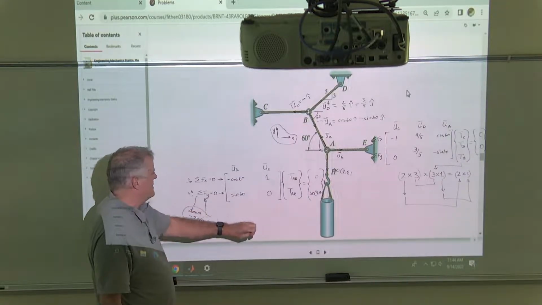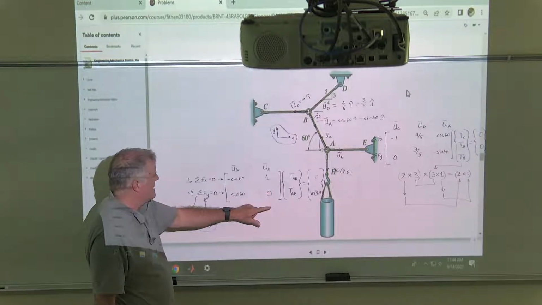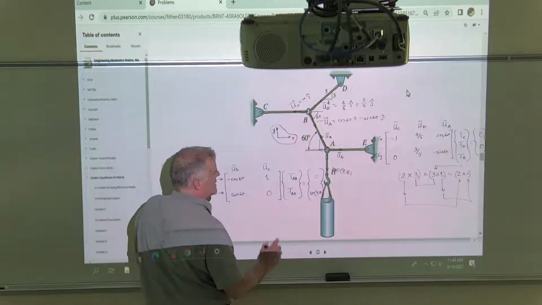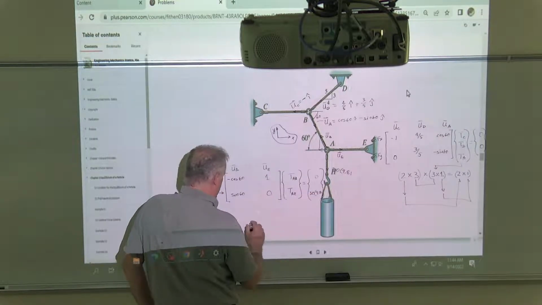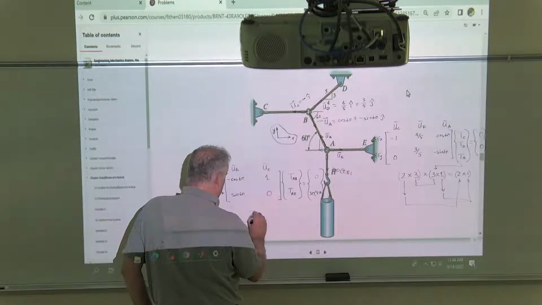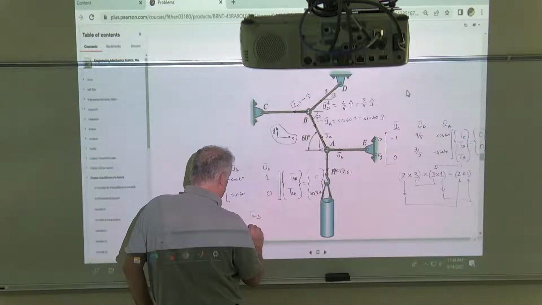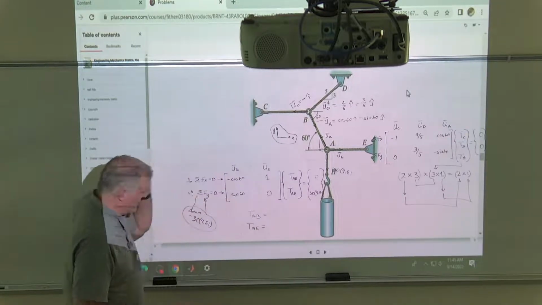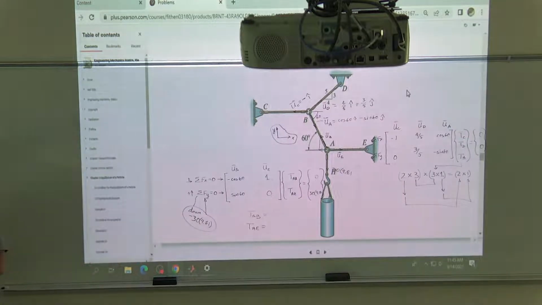I'm going to come up with TAE, TAB, right? So let's do this one, and I'll show you what you do with the other one. I'll just enter this and invert it, and what I'll come up with is TAB and TAE in a second. That's fairly simple to MATLAB, it doesn't matter how complicated it is. It's just going to solve it.